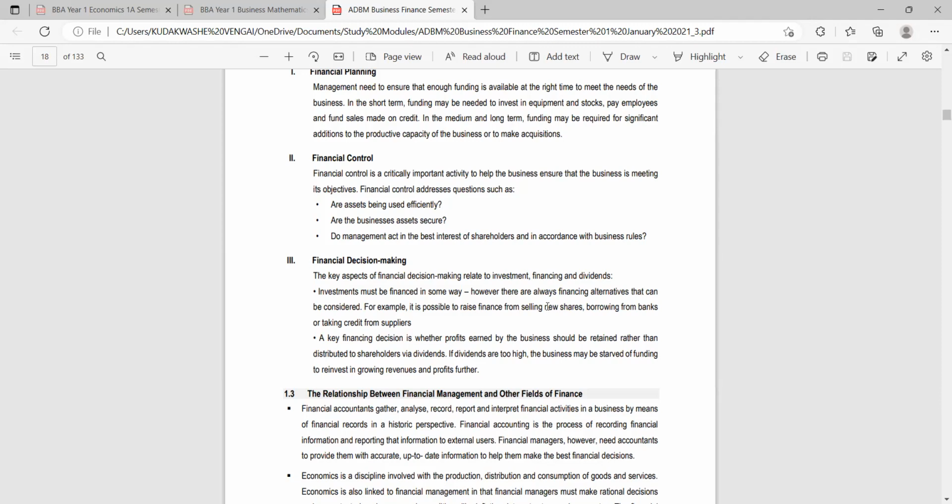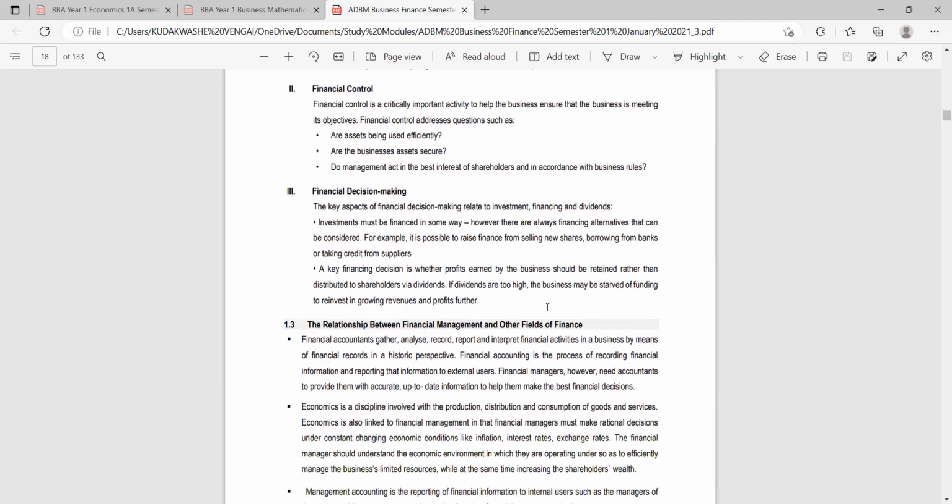Then dividend decisions. After the company has operated in Nigeria for quite a time, we ask ourselves: does this company have profit? And if it has profit, how much of that profit should we pay to the owners of the business as dividends? That's dividend decision making.